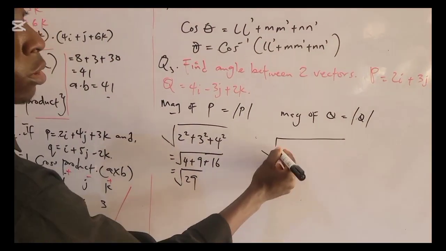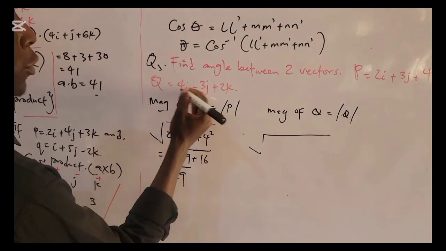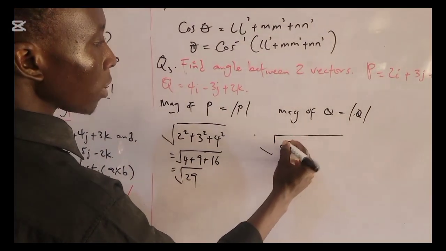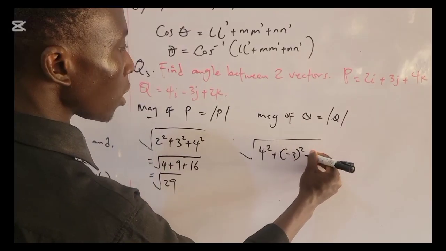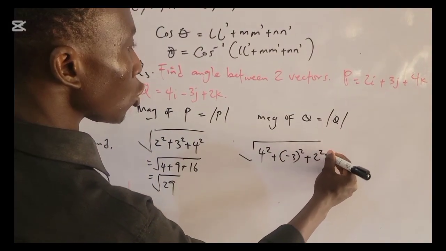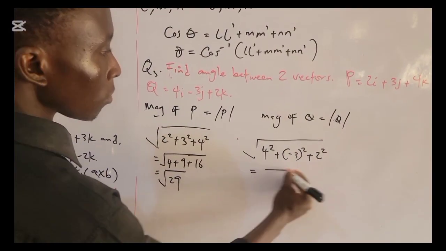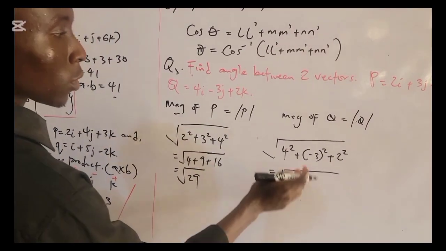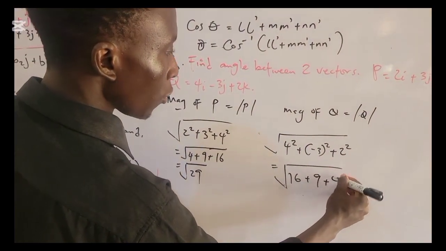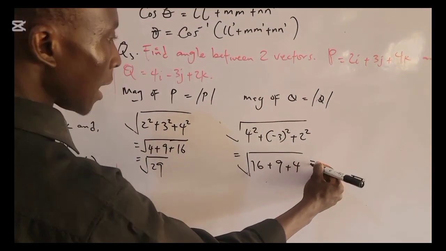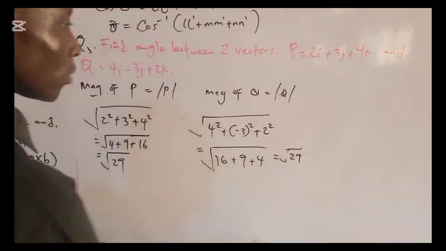Same thing applies here too. For Q we have 4, minus 3, and 2. So 4 squared plus minus 3 squared plus 2 squared, which is 16 plus 9 plus 4. Still the same values, so we still have root 29.